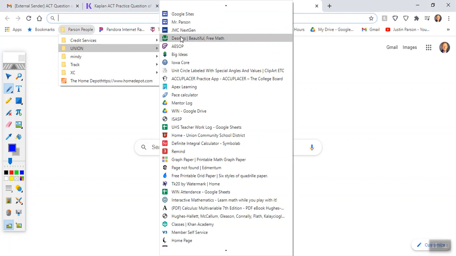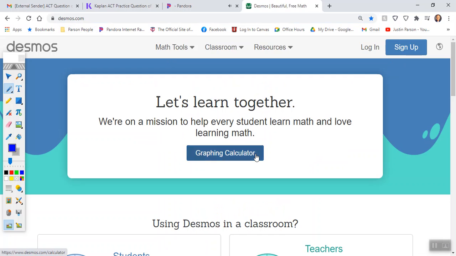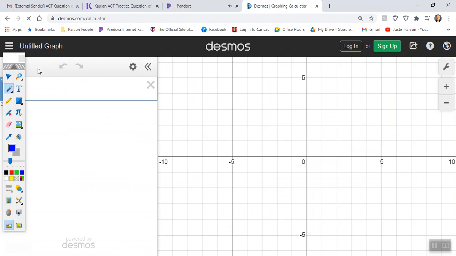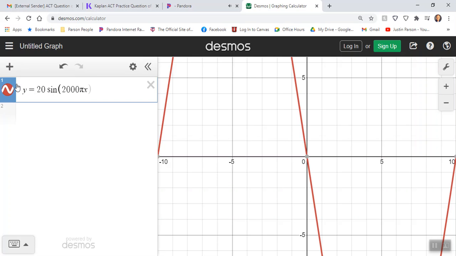Sinusoidal function. So it would be a sinusoidal function. What do we come up with? Y equals 20... Whoa.